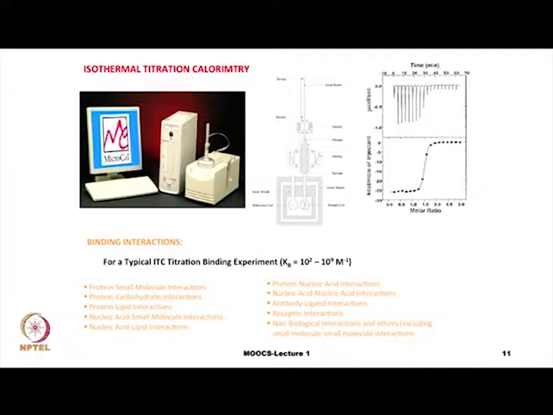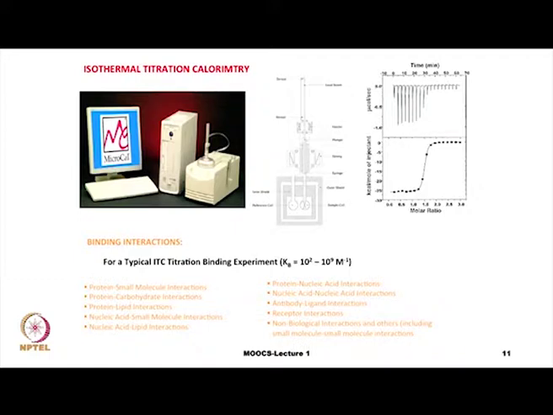Similarly, in the human body, several reactions are taking place. These are biochemical reactions, and generally the biochemical reactions which are taking place in our system do not produce a large amount of heat.